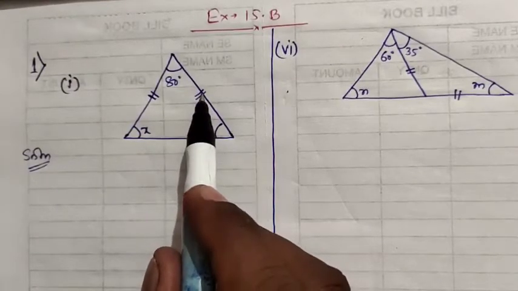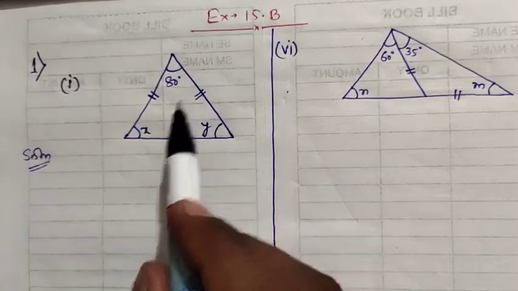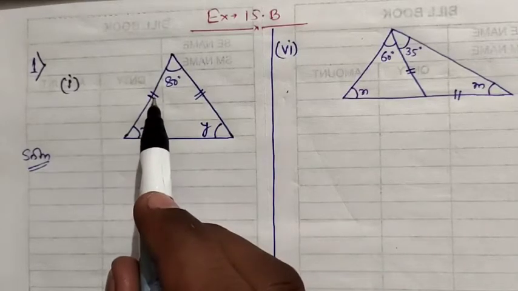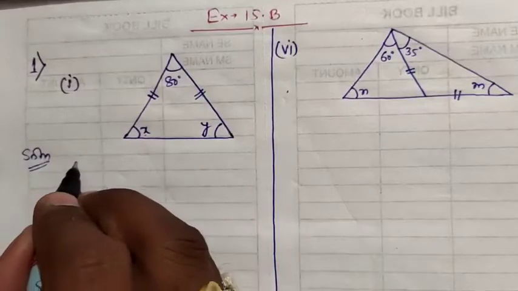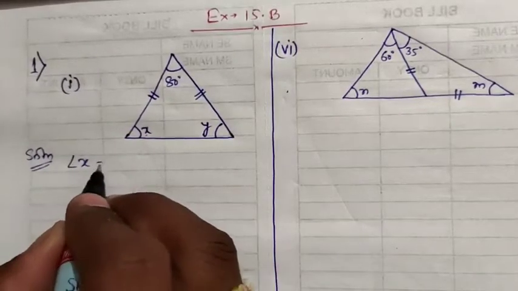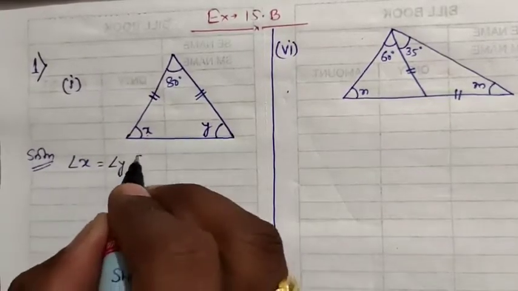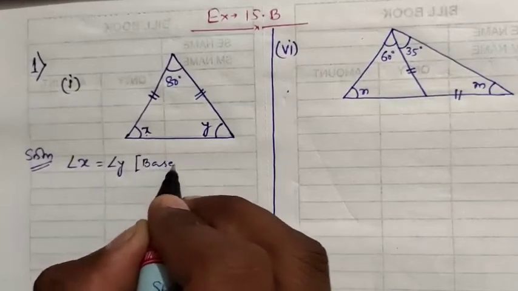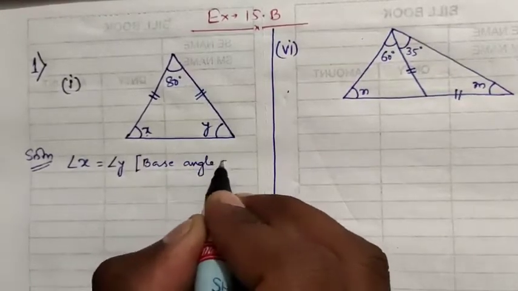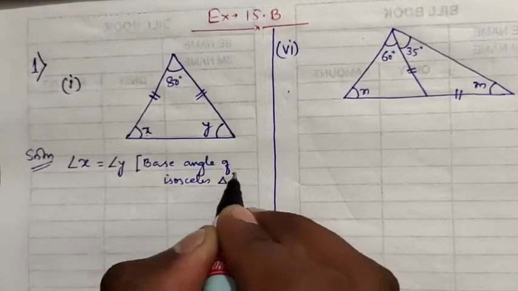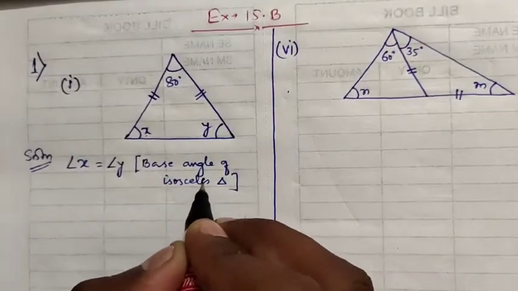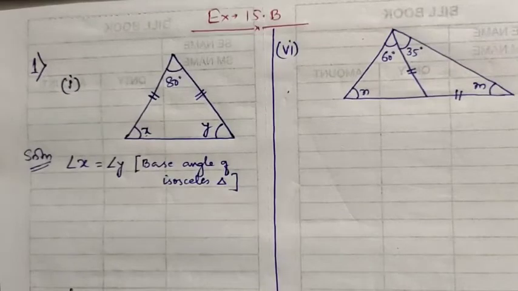It means the angle opposite to this side will be x, and the angle opposite to this side will be y. So in this figure angle x is equal to angle y. We can give the reason: base angles of isosceles triangle.